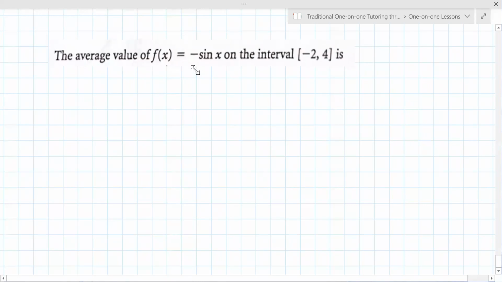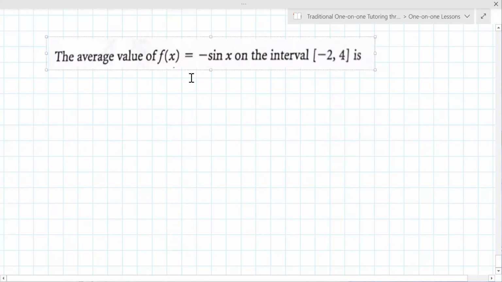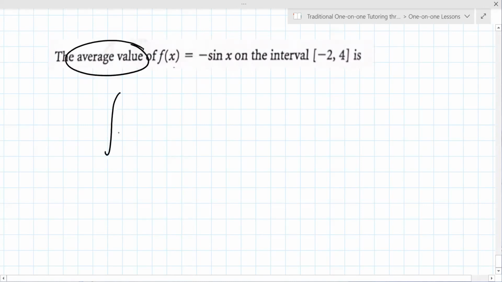Okay, so it says the average value, and this is one of those things where you think, wait, average value, it doesn't even seem like a calculus thing. Average value refers to the following: integral of f of x from a to b, times 1 over b minus a, dx. In this case your a is -2.